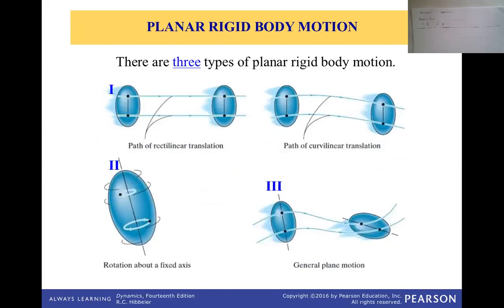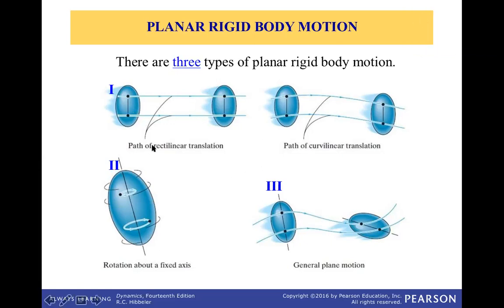So basically, for rigid bodies, there are 3 types of motions. The first type is called translational motion, and within translational motion you could have 2 types. You could have rectilinear translation, which is going to be parallel.